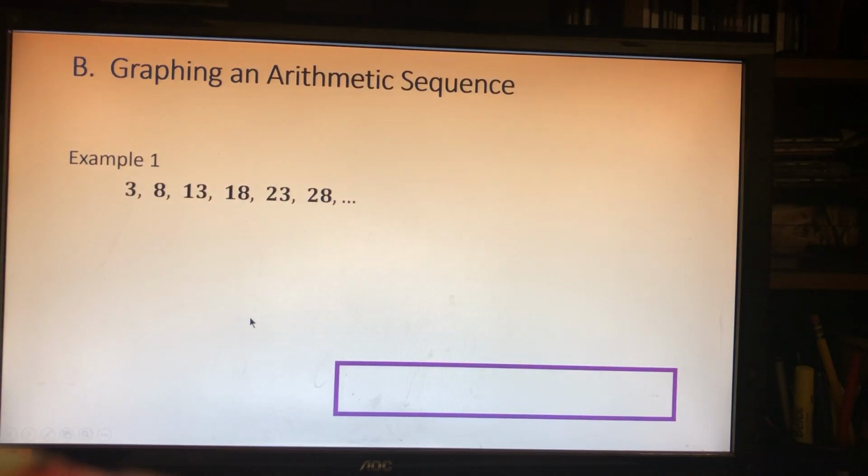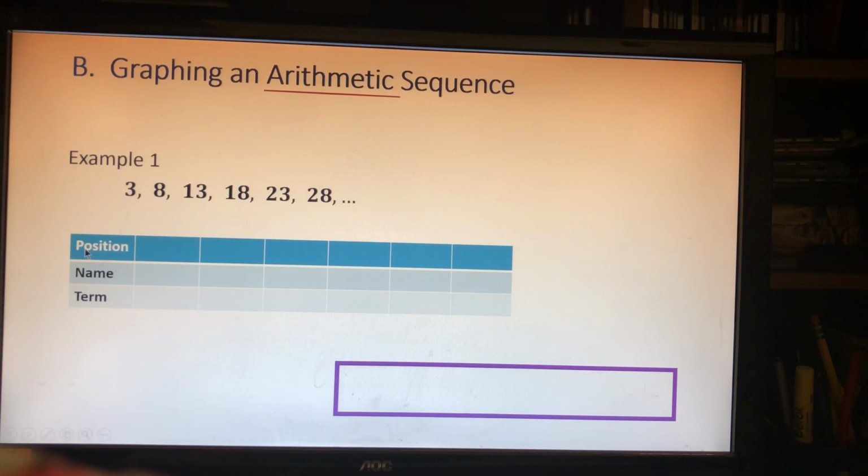So, the third thing you need to do is graph an arithmetic sequence. We're going to use example 1, which was those numbers there, and it's really straightforward. I like the word arithmetic. Every single term has a position: first position, second position, third position. So it's 1, 2, 3, 4, 5, 6.